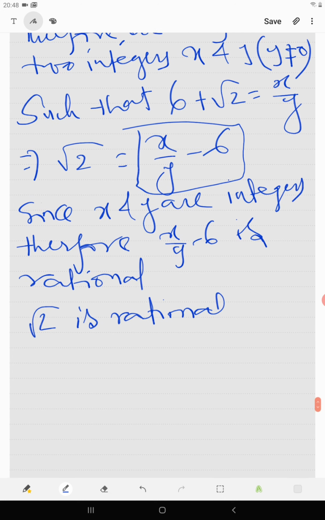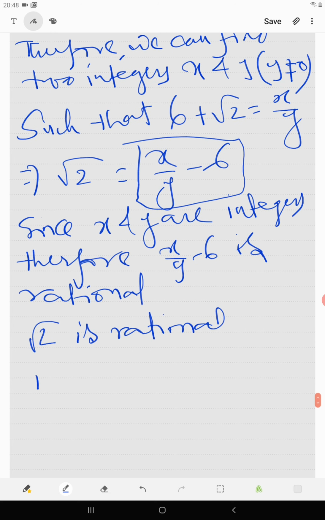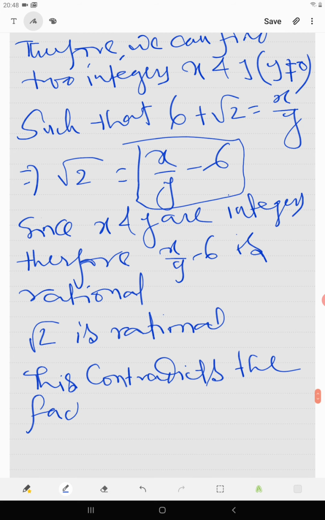Now this contradicts the fact that root 2 is irrational.